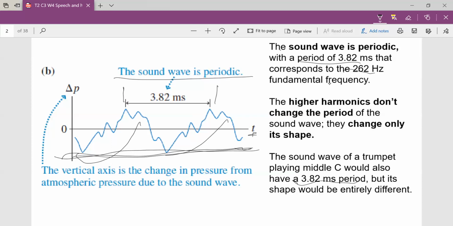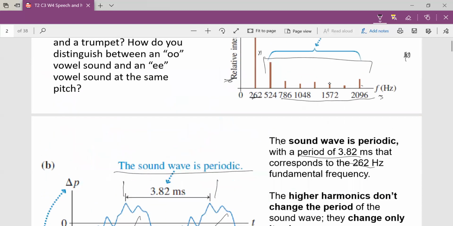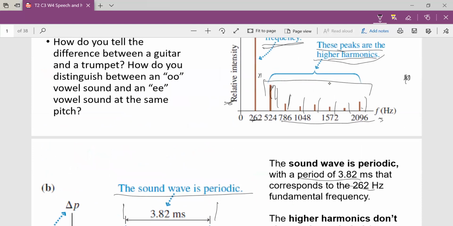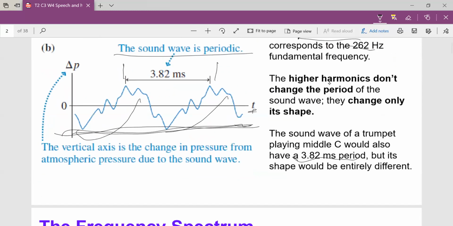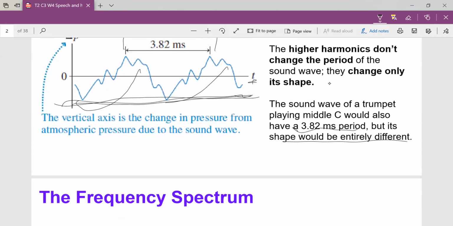And the difference in this shape is actually the difference in the spectrum, the different bar sizes, the heights, for the higher harmonics. So the frequency is the same, the fundamental will be the same, the shape will be different, and it's that difference that brings about the entire difference in the sound that you hear, and you're able to say, oh, this is sound from a guitar, this is not.